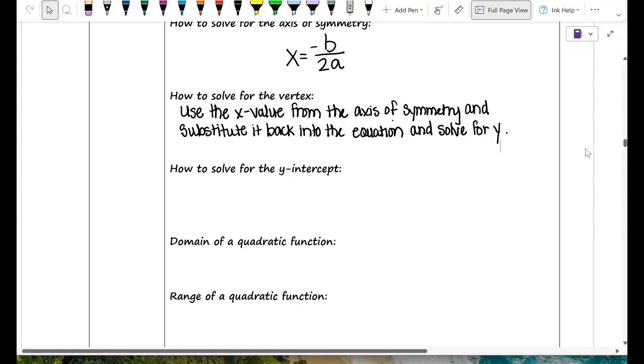How to solve for the y-intercept. When you think back to questions 1 and 2 that we just did, what do both of those ordered pairs have in common? For both y-intercepts from questions 1 and 2, what do they have in common? We go back up to questions 1 and 2.